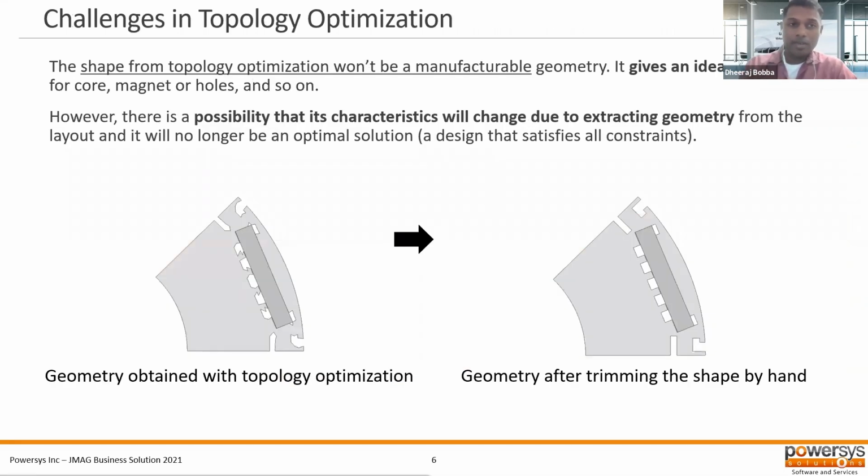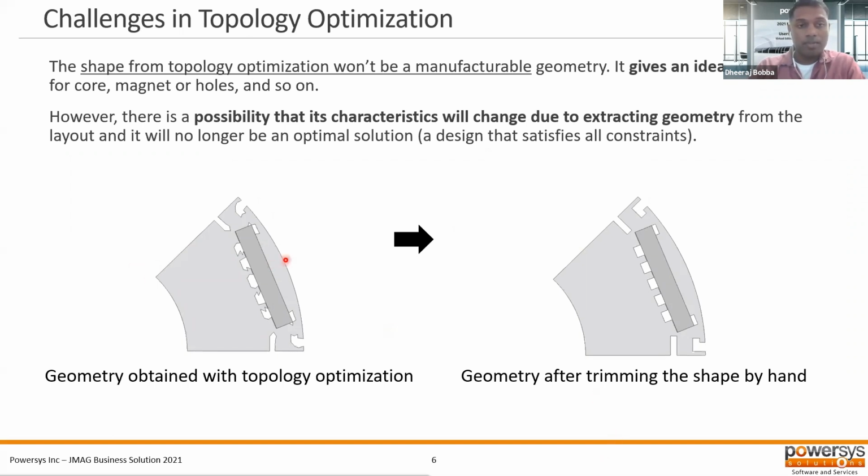So once we talk about topology optimization, we have to address some of the challenges with it. Of course, it's a shape optimization. So based on the constraints defined, the geometry obtained from this optimization may not always be manufacturable, but it gives us a good idea of the layout of where which material should be.